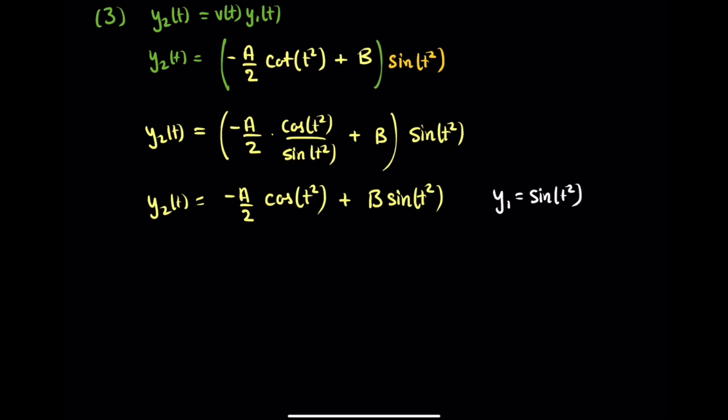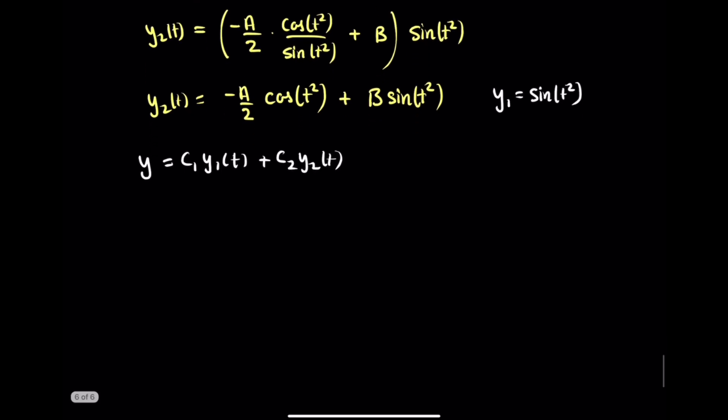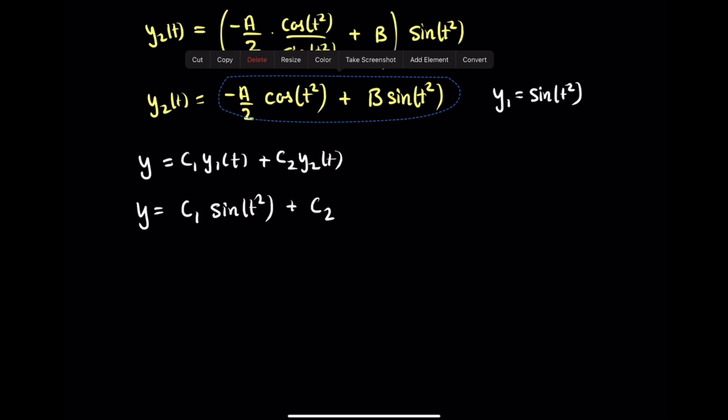The general solution is y equals c1 y1(t) plus c2 y2(t). So y equals c1 sine t squared plus c2 of this whole thing.